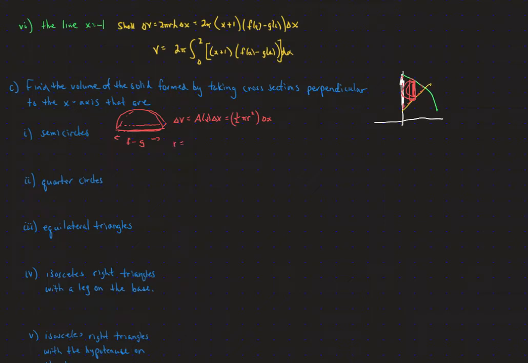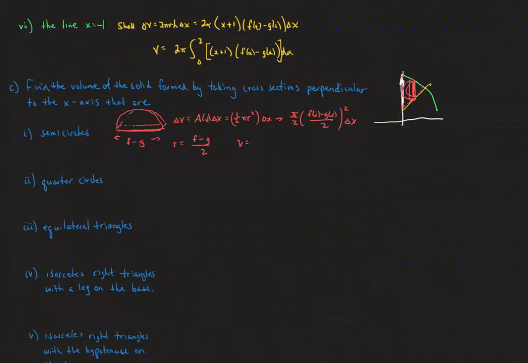So our radius is going to be the f of x minus the g of x divided by 2. So that makes this delta volume pi over 2, that's our 1/2 pi, times the radius f of x minus g of x divided by 2 squared, times a delta x.